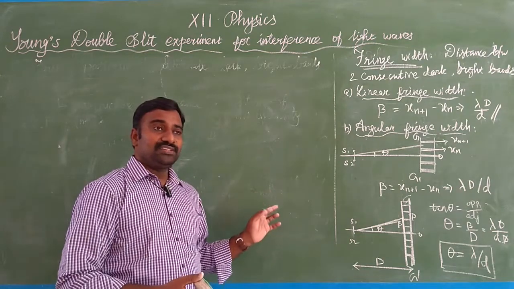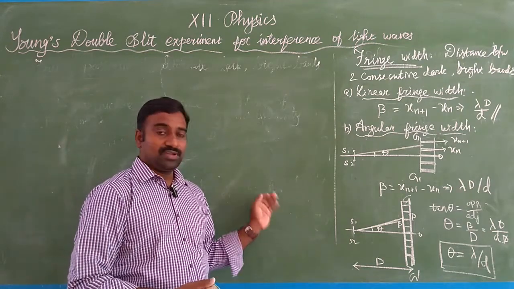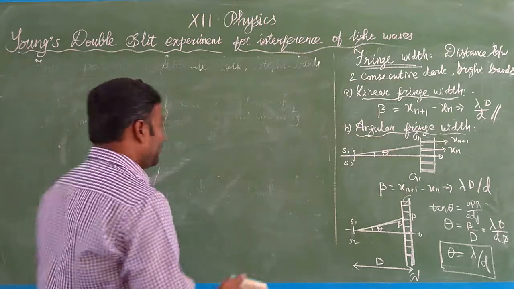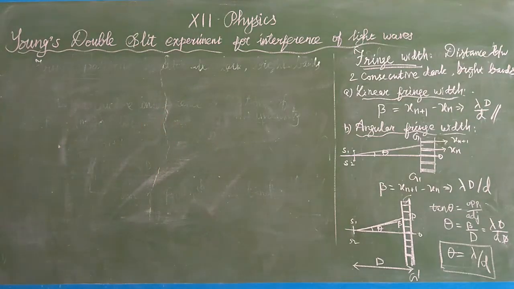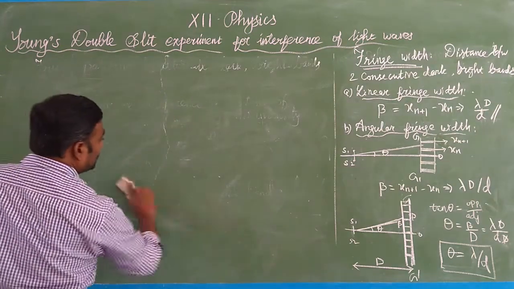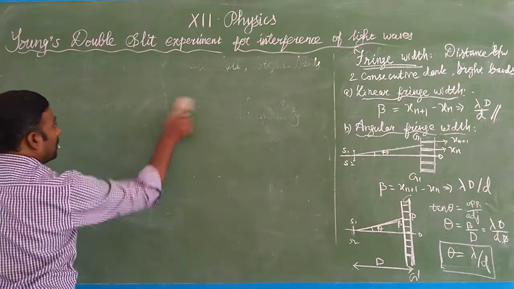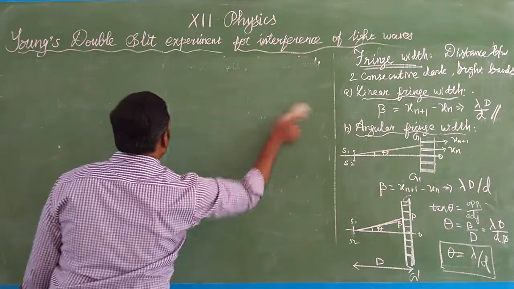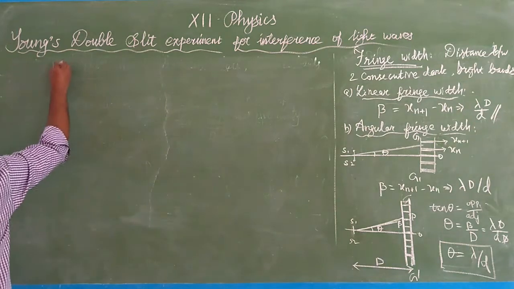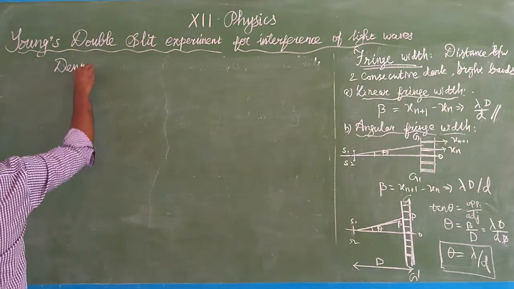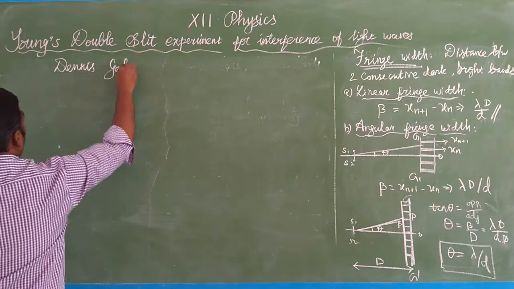He quoted some important points about Thomas Young and his double slit experiment. What was the statement said by him? Listen. This is his point of view on Young's observations. Who is the scientist? Dennis Gabor.